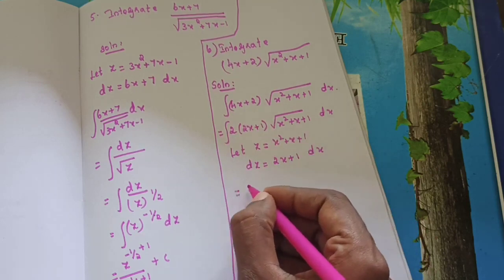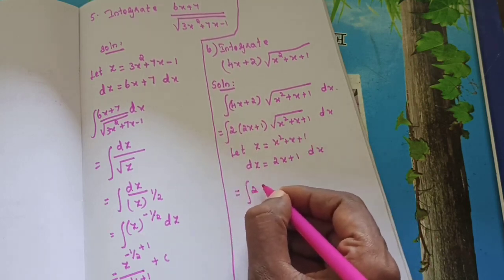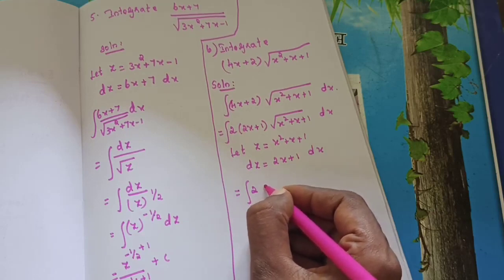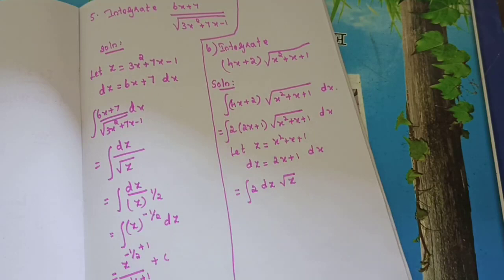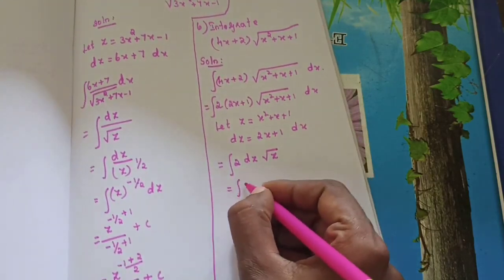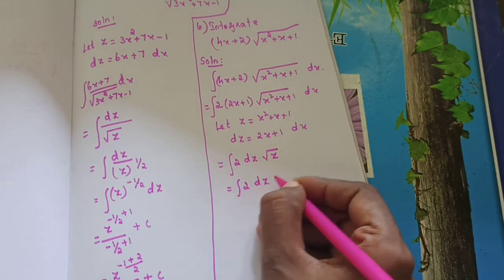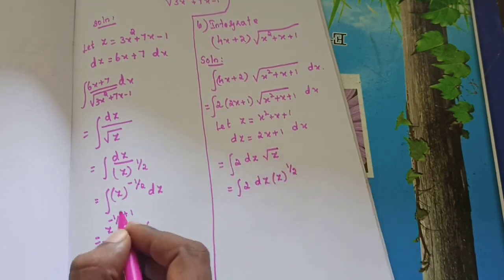Now substitute this in here. So that's equal to integral of 2 into (2x plus 1) dx. What can we substitute? dz into square root. Am I right? So that's equal to integration of 2 dz square root of z. How will you write? z power 1 by 2.